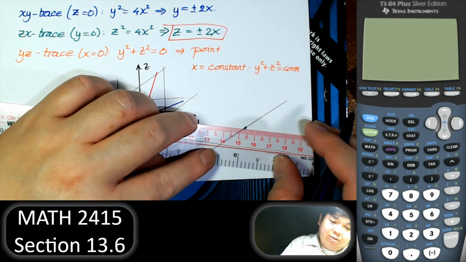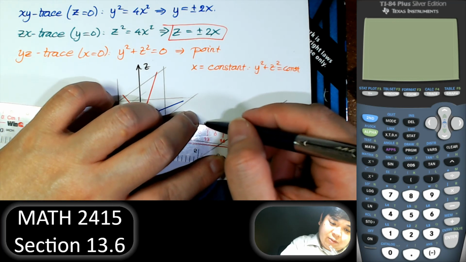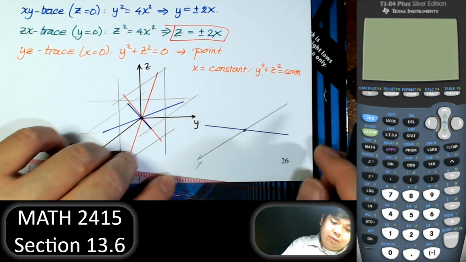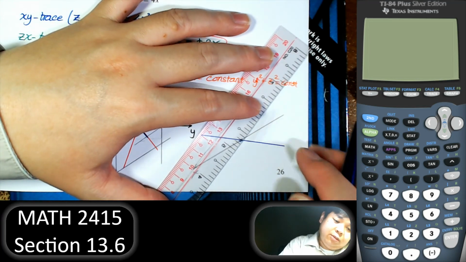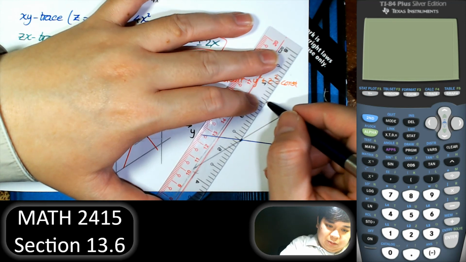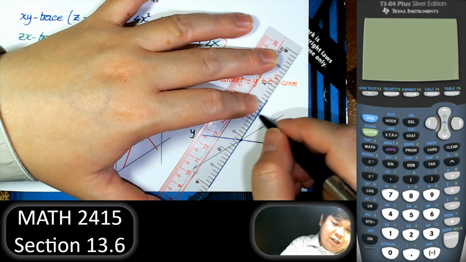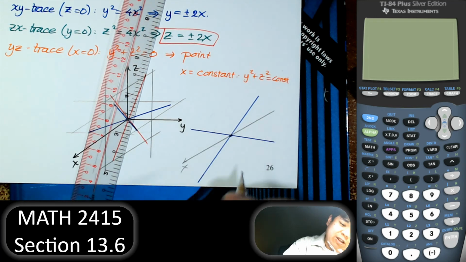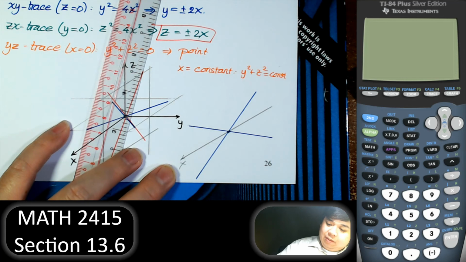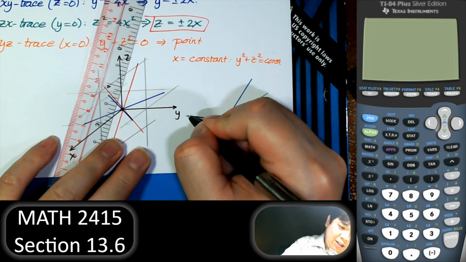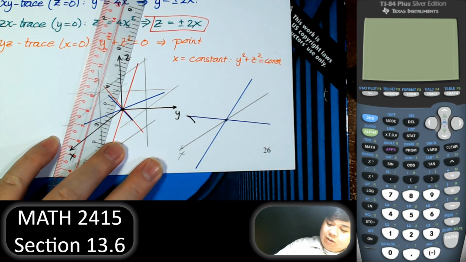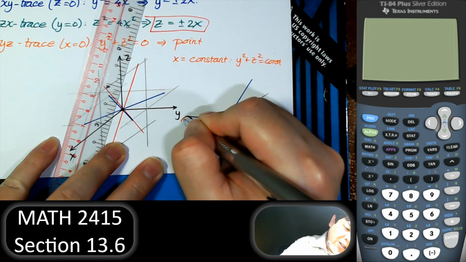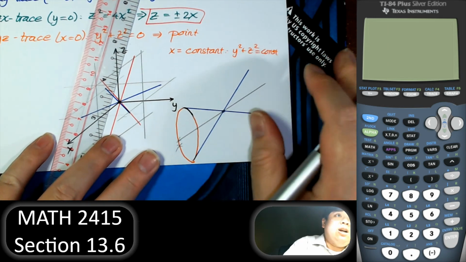So kind of we have a cone here, and parallel to the x-axis we're going to have a bunch of ellipses.